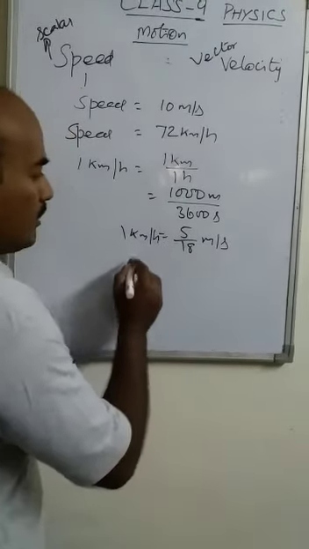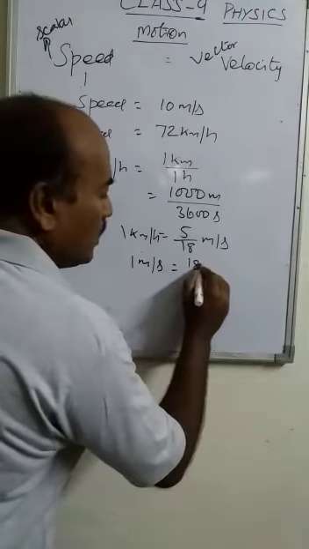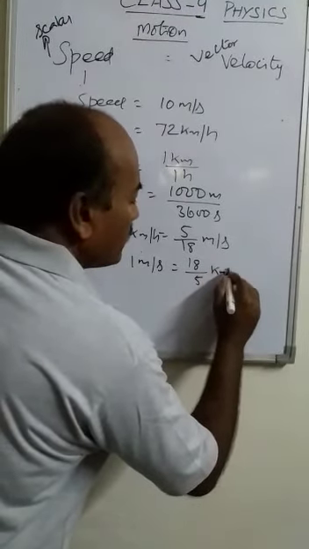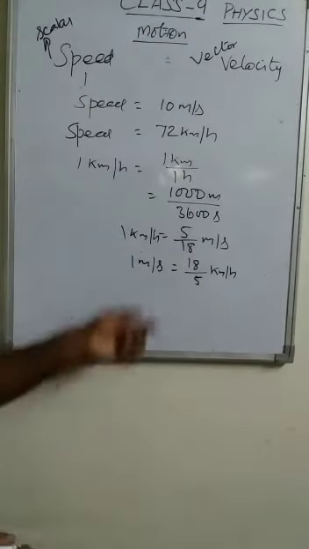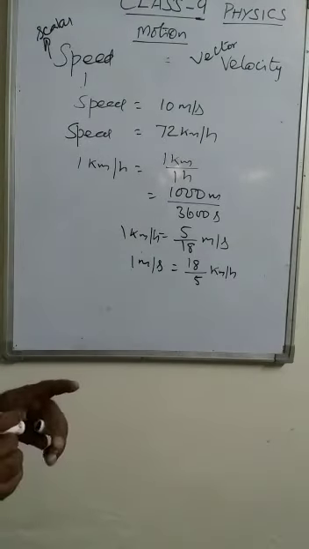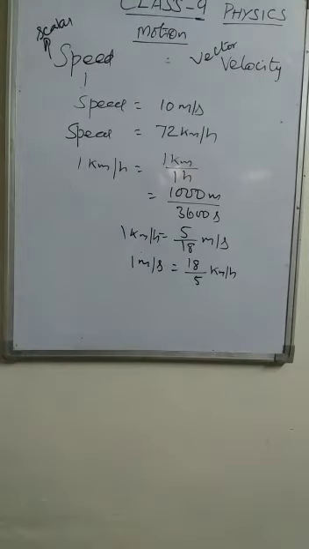Otherwise, if the value is given in meter per second, then it can be changed into kilometer per hour by multiplying by 18 upon 5. So these are the simple relations which can be used shortly to change from one unit into another.